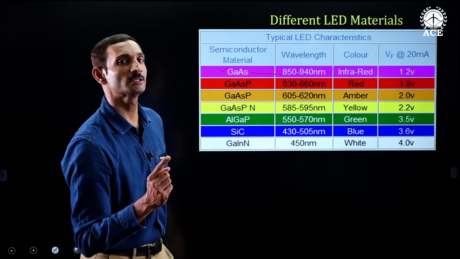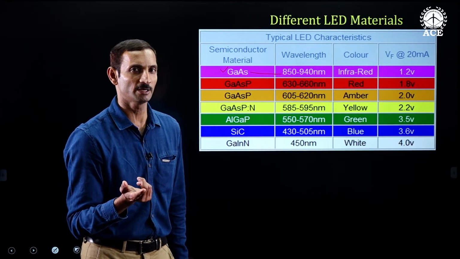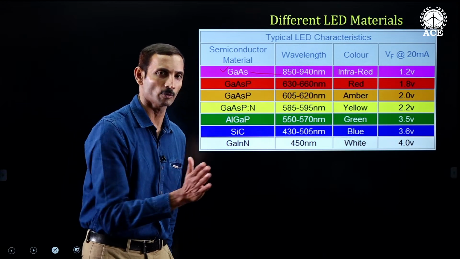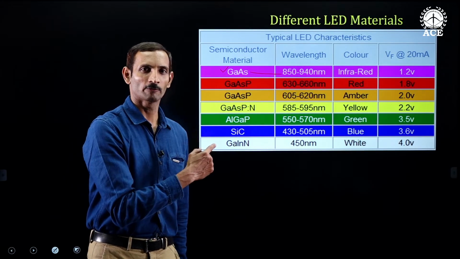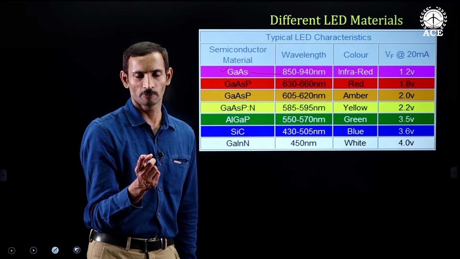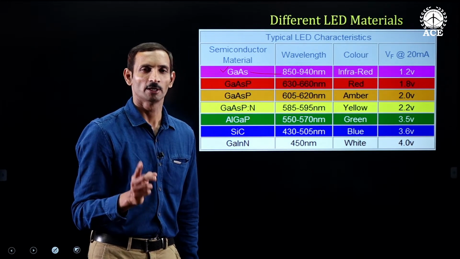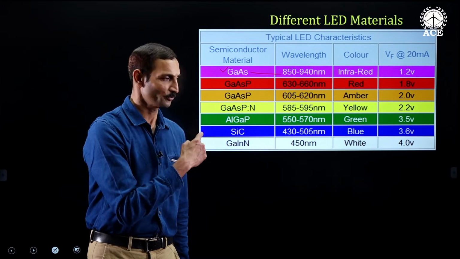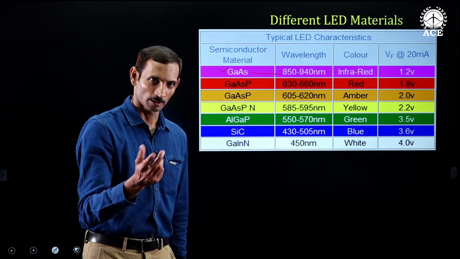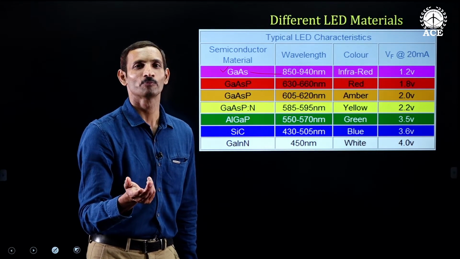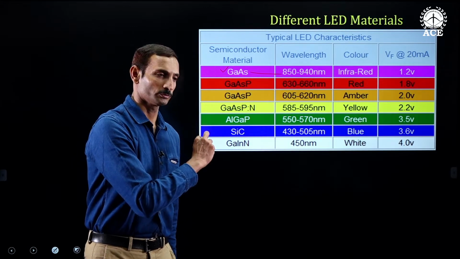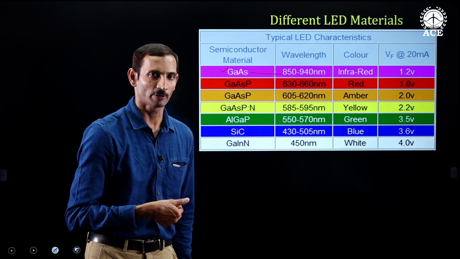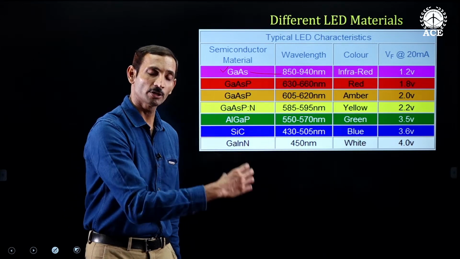Generally there will be infrared LEDs also. They are used for data transmission through optical fibers. There is a fifth unit where you would be studying lasers and optical fibers. Venkatesh sir has discussed the fiber optic communication system with you, where light propagates through the optical fiber from the transmitter end to the receiving end.